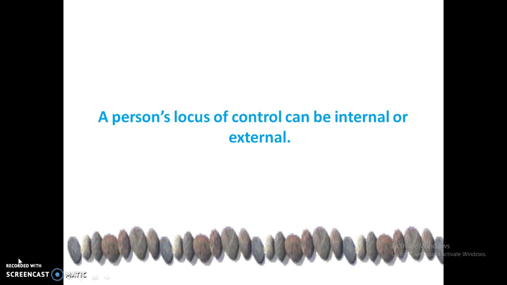As I told you before, there are some people who have internal locus of control and there are others who have external locus of control, and there are a few who have both. We will also study that. So let us have a look at what is the meaning of having internal locus of control.